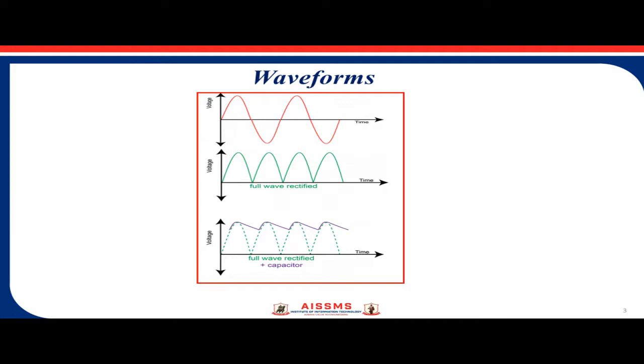There will be certain voltage drop across each component in the voltage regulator block diagram. So if you want a 5 volt DC regulated power supply, you may require a step down transformer which will give an output of 9 volt.